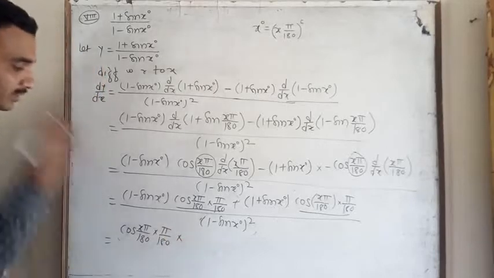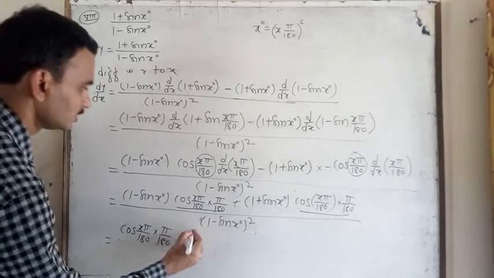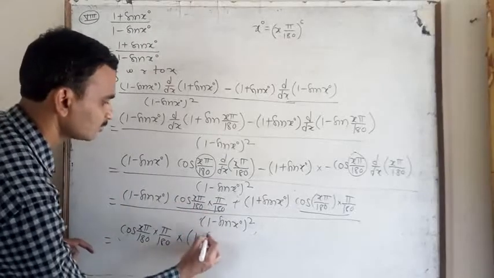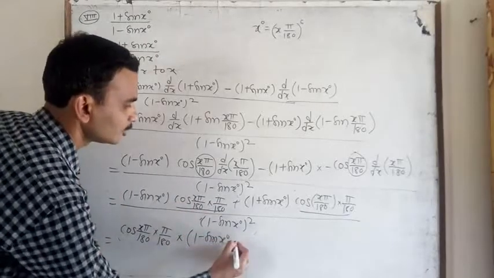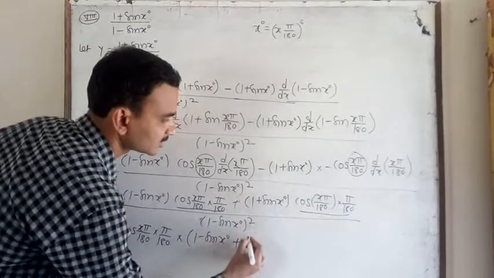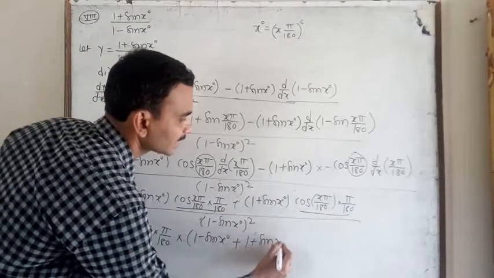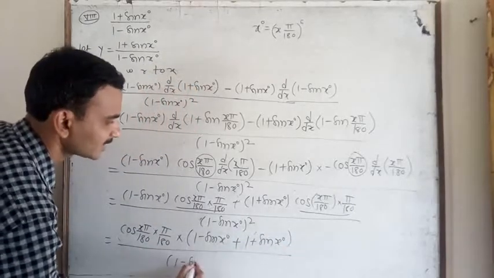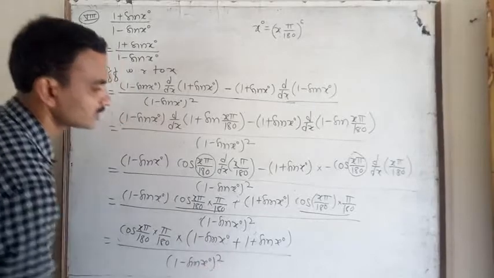If this term is common, then the remaining term is 1 minus sine x degree. After that plus sign, and here this term is common, then 1 plus sine x degree here. So upon 1 minus sine x degree bracket square.